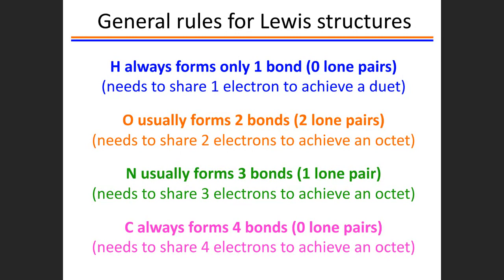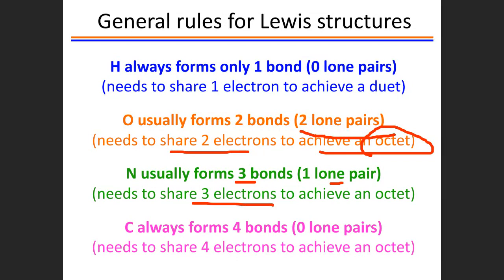Now, on the basis of what we have learned, we have some general rules that will guide you. Hydrogen always forms one bond, zero lone pairs. It needs to share one electron to achieve a duet. We already got it. Oxygen usually forms two bonds, two lone pairs, and needs to share two electrons to achieve an octet. Nitrogen usually forms three bonds, one lone pair, and needs to share three electrons.